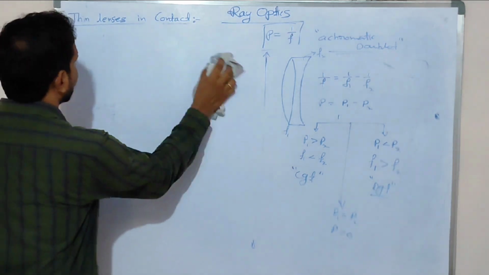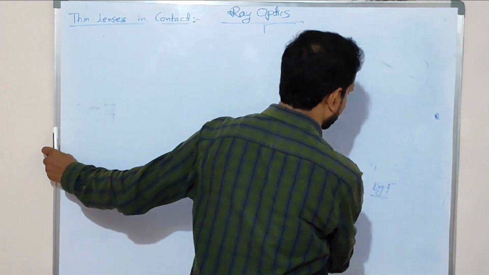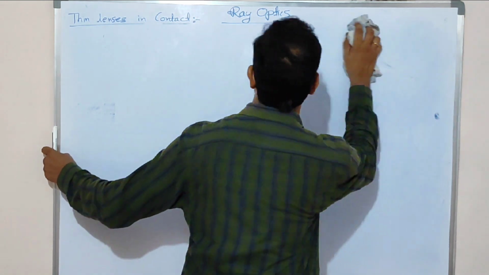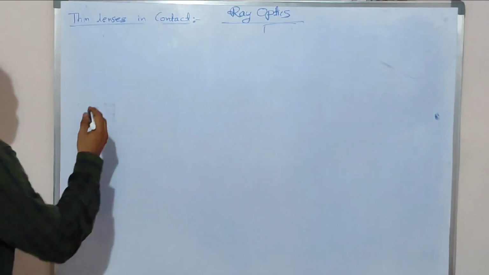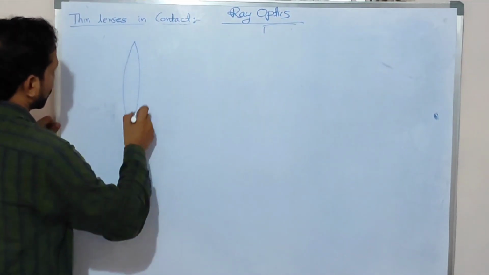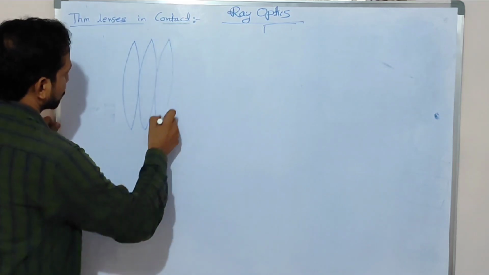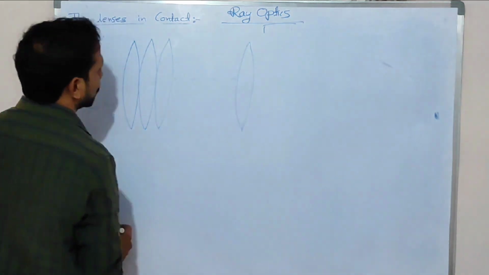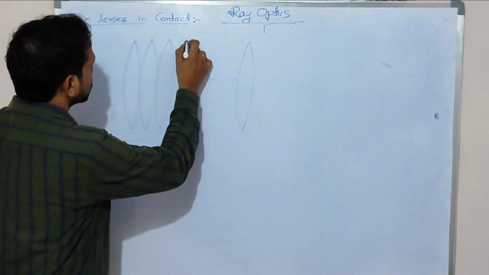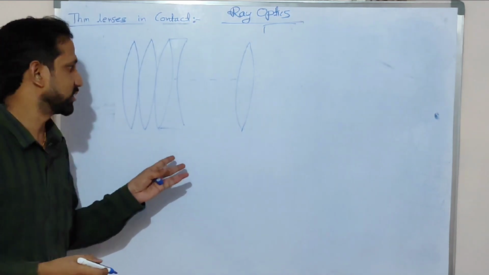So let us generalize what I discussed here. Suppose there are n lenses in contact: lens 1, lens 2, lens 3 and so on, up to the nth lens. There may be a concave lens also; there is no restriction that always a convex lens will be there.